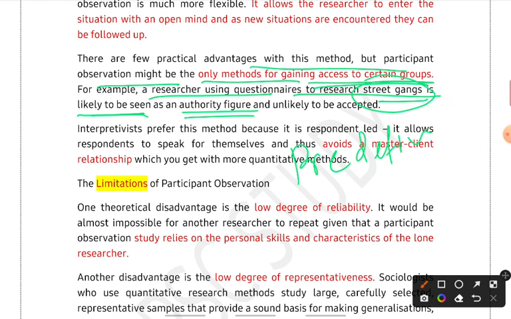Rather he needs to be a part of the culture where the drug is being practiced. In order to study that, he needs to participate in that particular culture or institution to study it much better. So he needs to be more acceptable, and this observation method gives you that advantage.